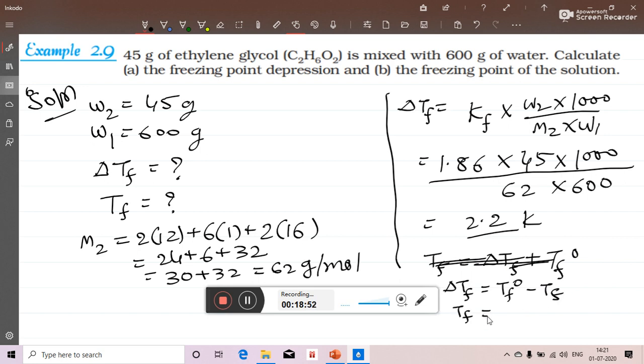So TF equal to TF naught minus delta TF. Now TF naught, that is the freezing temperature of water, is 273.15. So that you have to remember. Minus delta TF is 2.2. So our final answer will be 270.95 Kelvin. So this is the freezing temperature of solution.